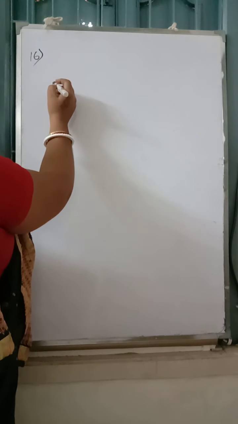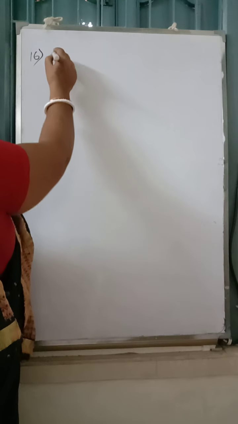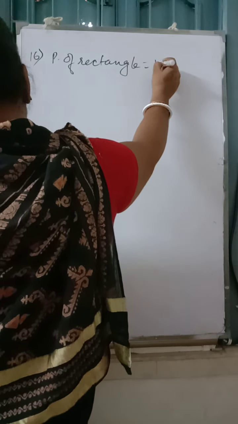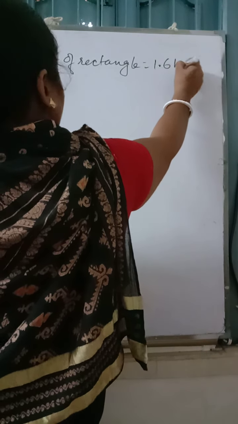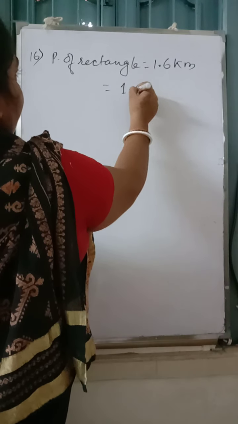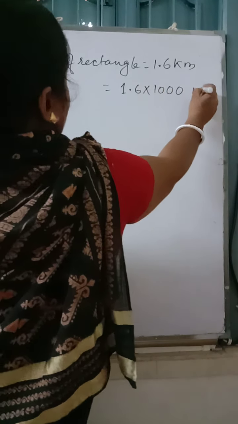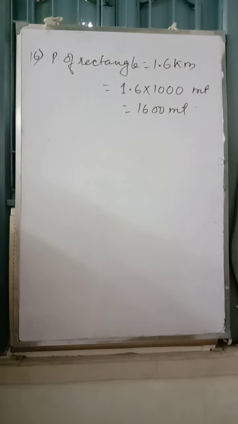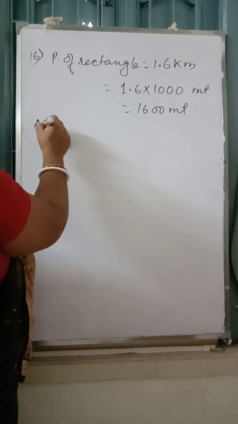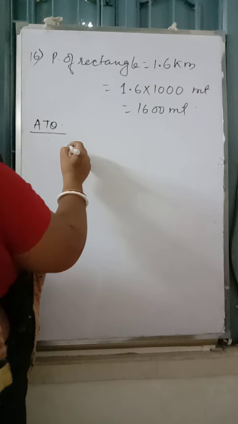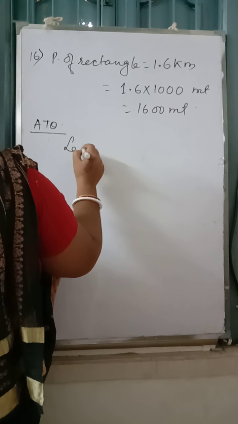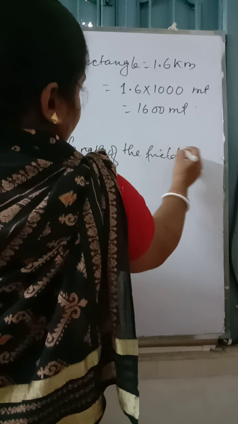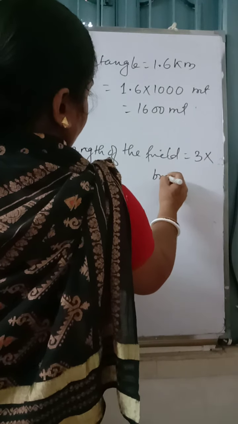Look at question number 16. The perimeter of the rectangle is 1.6 kilometer, or if you convert it into meters, it will be 1.6 into 1000 meter, or 1600 meter, as we know 1000 meter is equal to 1 kilometer. According to the question, the length of the field is equal to 3 into the breadth of the field.